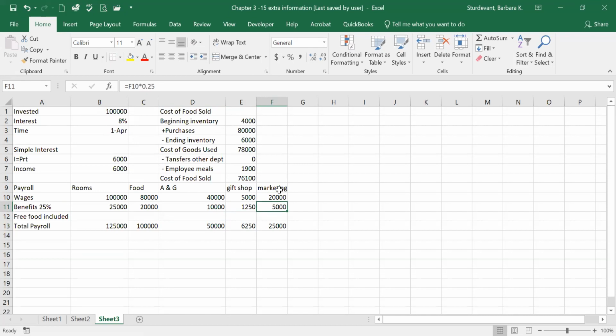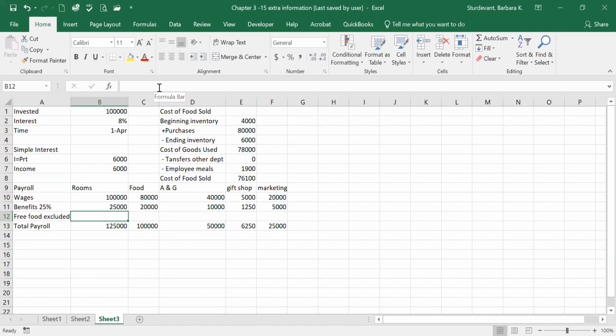Okay, now, this one excluded the food also. But not everybody gets food. So who got food? Rooms got food, right?